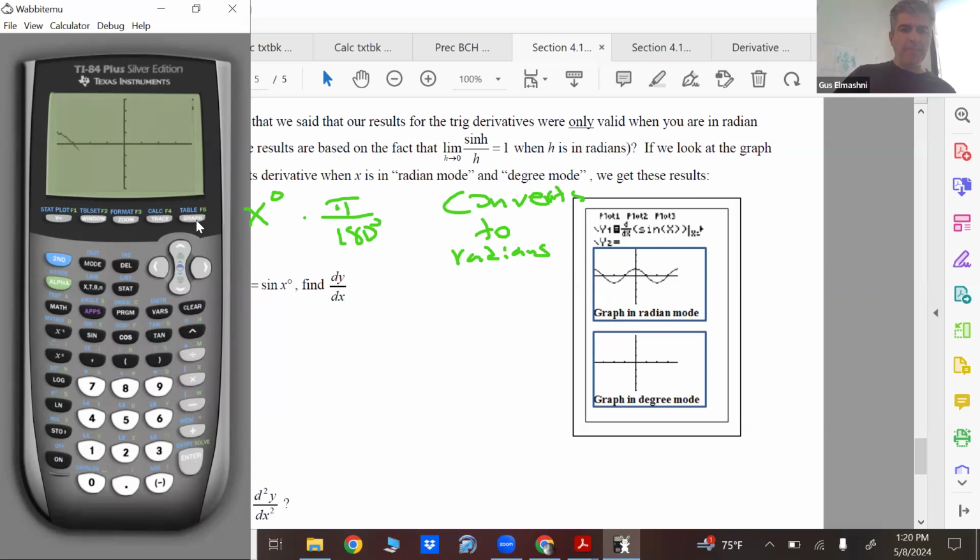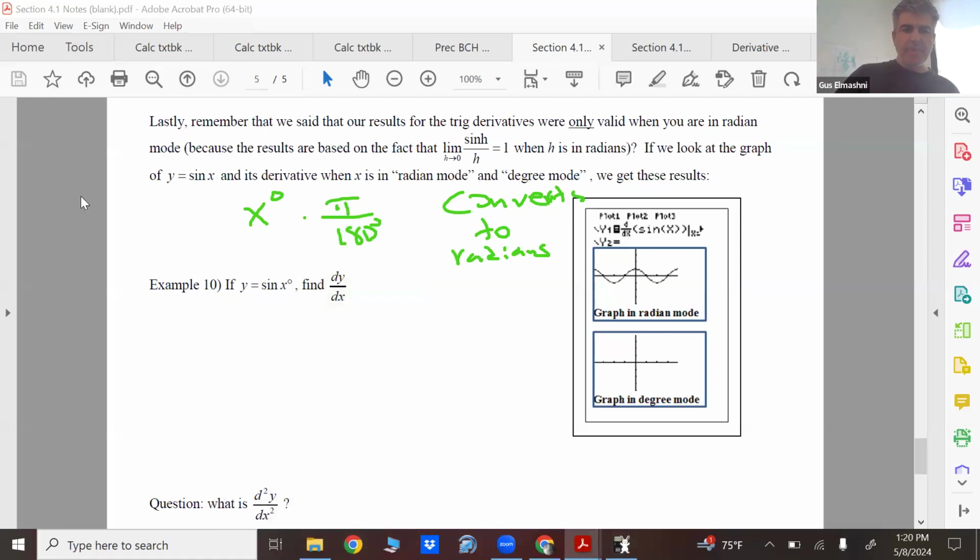There we go. So I guess I should have done it the other way around. I'm in degree mode, so you can see that you have to change it up. I'm a little confused actually.